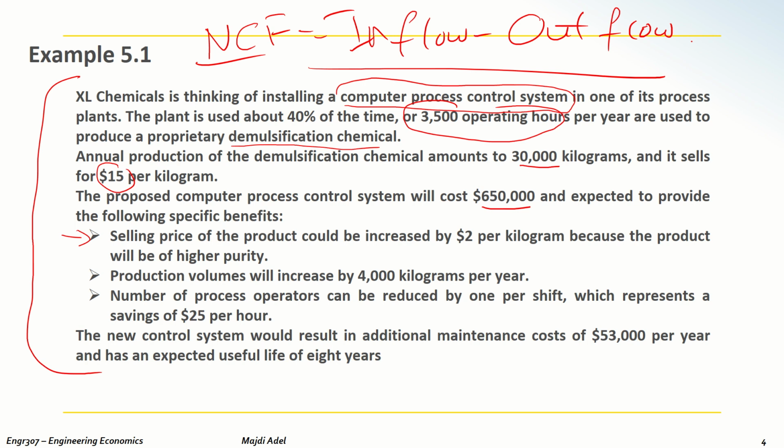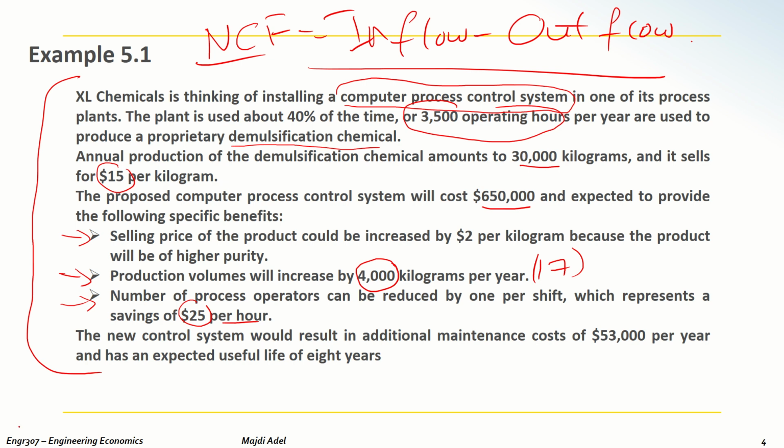The production volume will increase by 4,000 kilograms, and it will be sold at $17. Now the number of operators will be reduced by one operator per shift, or in other words, they will save $25 per hour in the salaries of the operators.